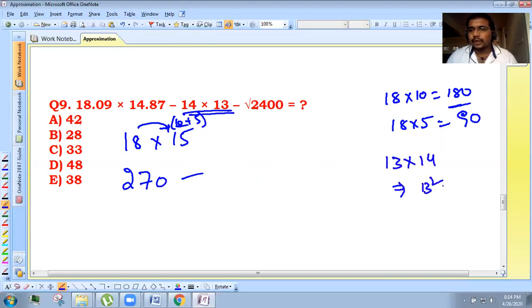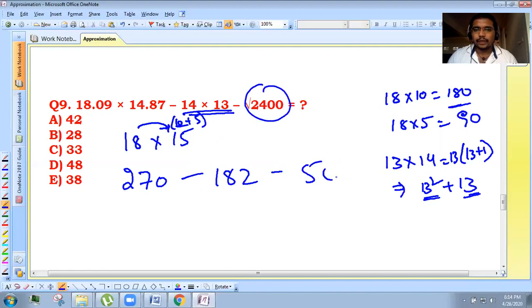You know 13 square plus 13 is this value, because 13 into 13 plus 1. 13 square plus 13, 169 plus 13, 182, minus 240. Take it 50 approximately. This is 90, and after that 50 subtracted. You will get 40.